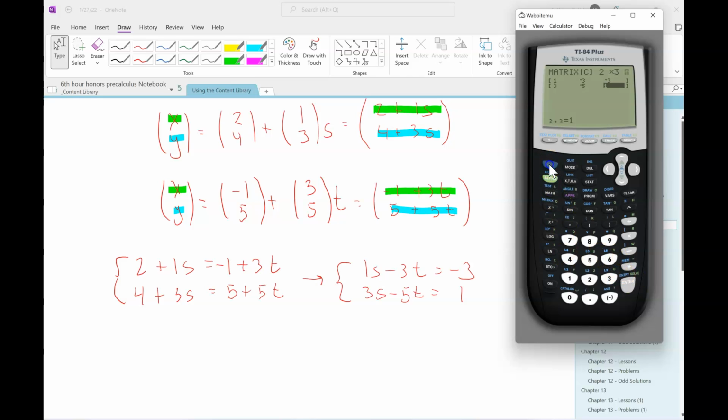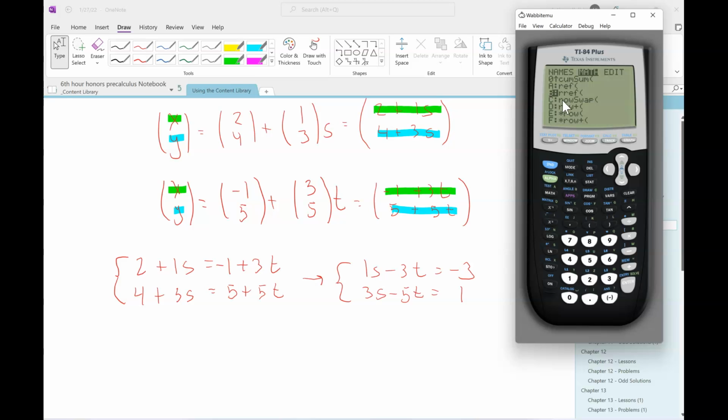Once I've done that, I'm going to exit back to the main screen. So press second and then mode. And then I'm going to go back into the matrix menu. And this time I'm going to move to the Math tab. I'm going to scroll all the way down to the bottom and select the RREF command. RREF stands for Row Reduced Echelon Form.